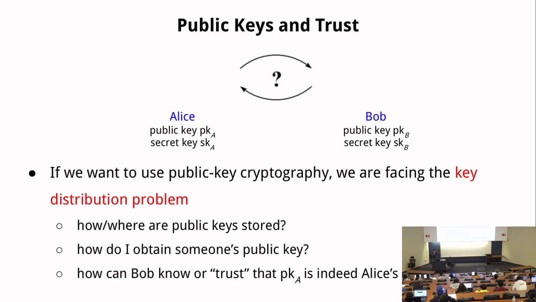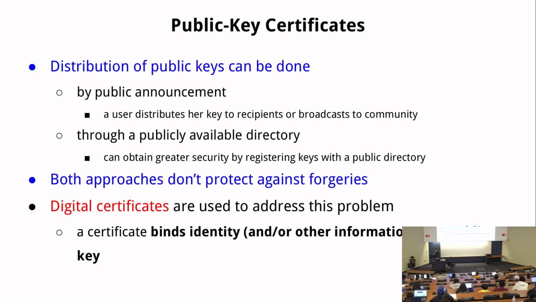This is related to how we distribute the public keys of everyone, where and how we store them, how we obtain someone's public key. When we obtain someone's public key, how can we trust it is really from whom it is claimed? So the distribution of public keys is easy, okay? Let's say you generate a pair of public and private keys.